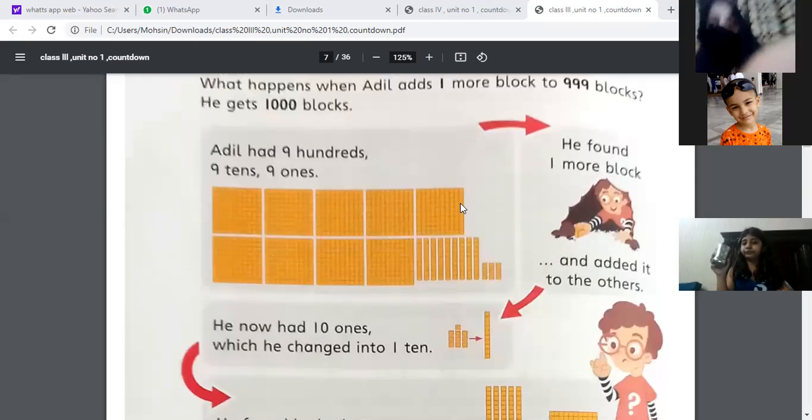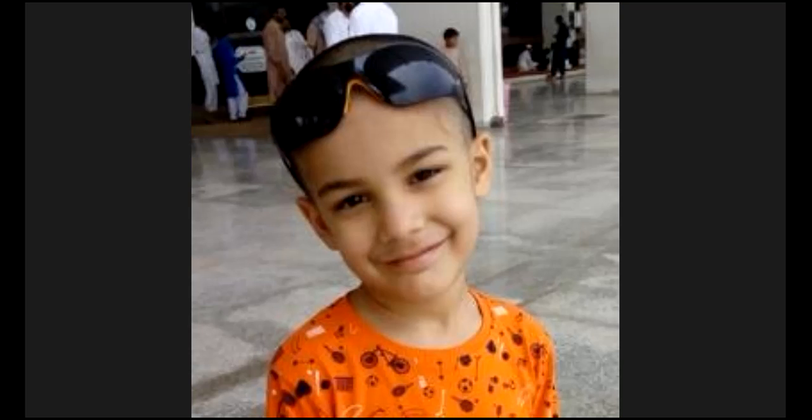When he adds 1 in ones, so 10. Now it becomes what? When we have 10 tens like this, it becomes what? 100. When he adds 100 in these 900, it becomes what? It becomes 1000. 10 hundreds or 10 blocks.